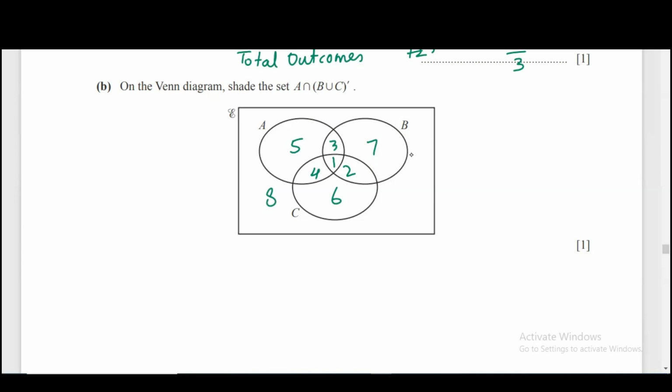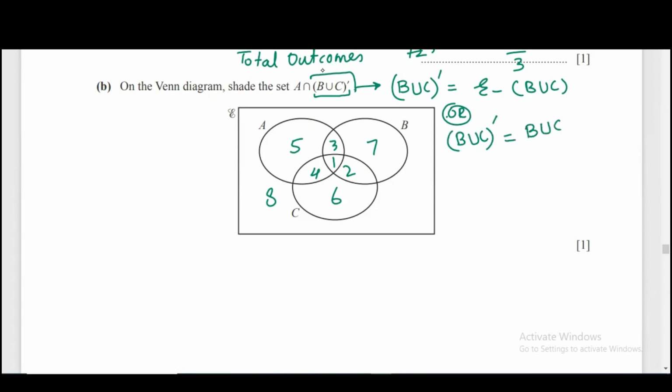Now find out all the sets one by one. So (B union C) complement. As I explained, this prime symbol is complement, which means not, or without B union C. B union C complement means universal minus B union C. So without B union C, these are 5 and 8, because these numbers do not exist in B and C here.